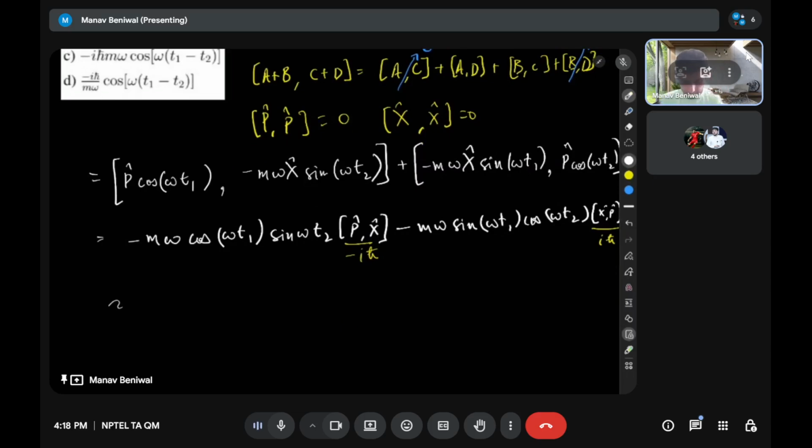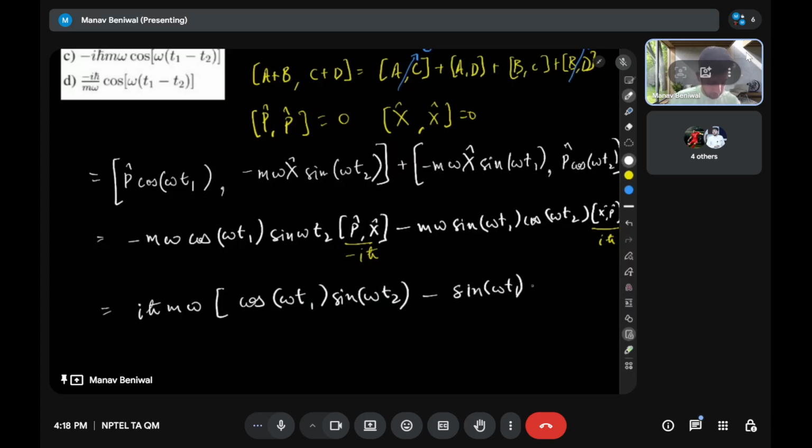Let's take this i h cut m omega outside. Inside we will have cos of omega t1 sine of omega t2, and here we'll have minus sine of omega t1 and cos of omega t2.